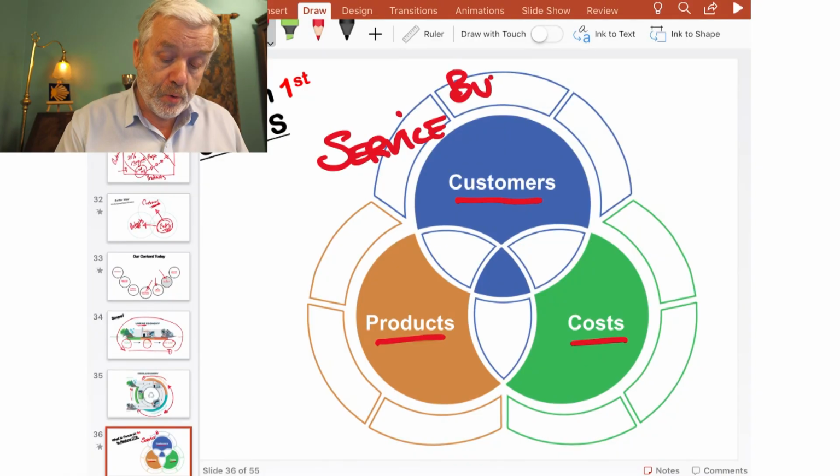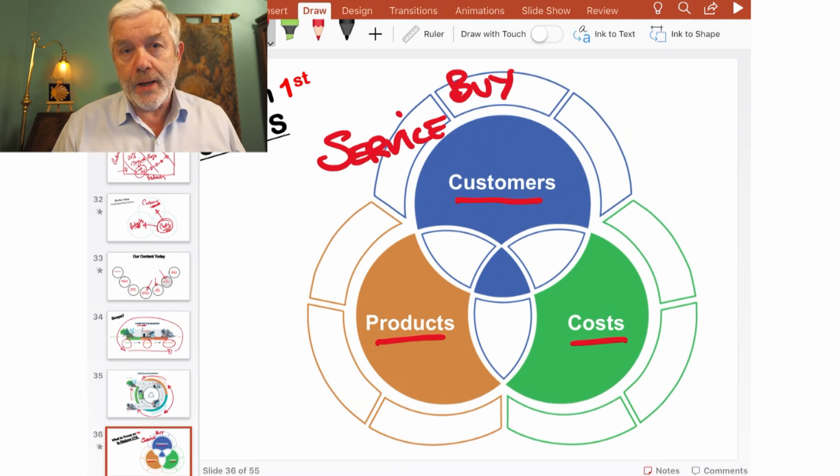The next thing is, I'm just going to put buying patterns. So what I mean by that is the frequency of order and the size of order. And this is one of the big things in supply chain cost reduction, understanding the dynamics of your customer orders and how that drives excess cost.